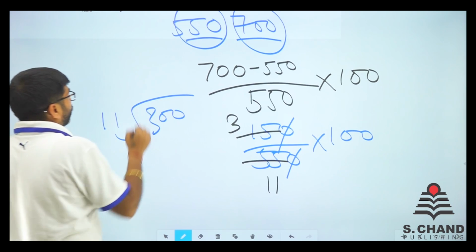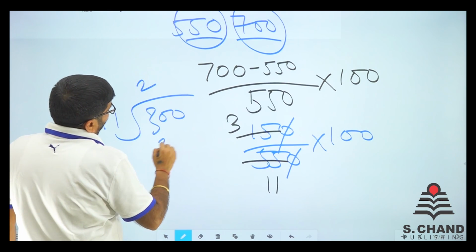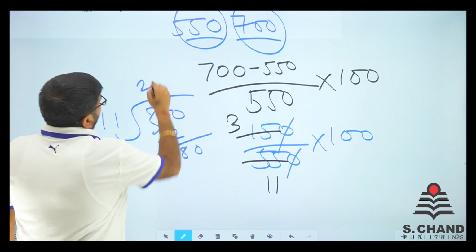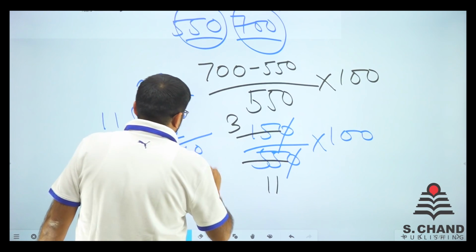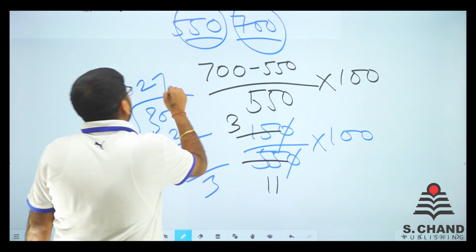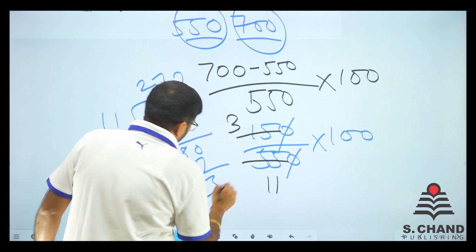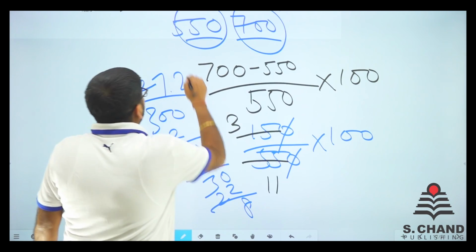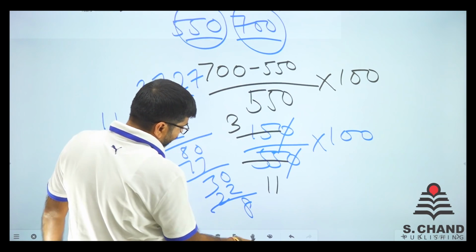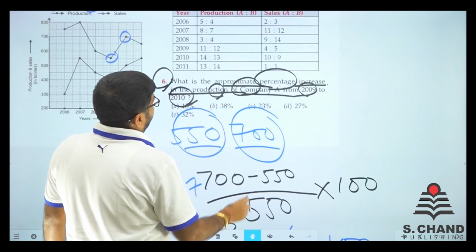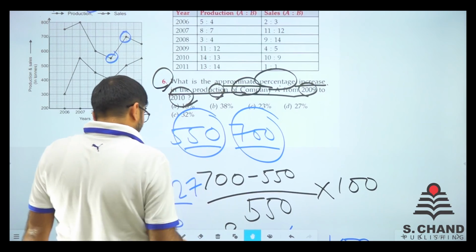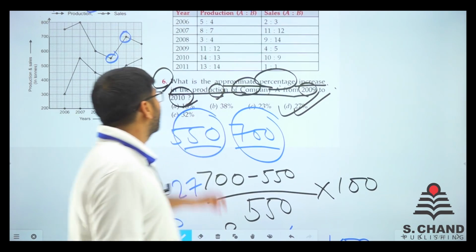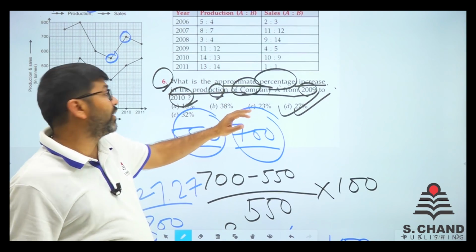Two times 11 is 22, we get 80. Seven times 11 is 77, we get 3. So 0.2 it is. So 30 minus 22 we have got 8, and so on, giving 27.2727. So is there any option like 27.27? It is there, almost 27%, and that is approximately, because it is said, what is the approximate percentage.